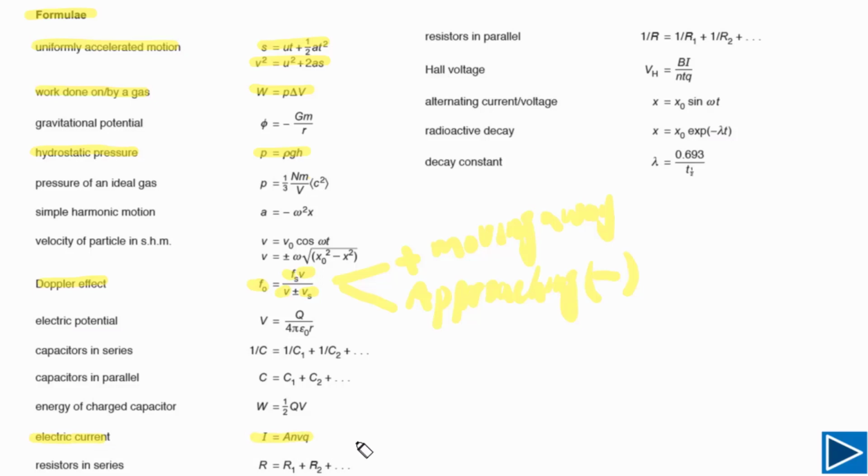I here is equal to A, and A is the cross-sectional area, N is the number density of free electrons, or number of free electrons per unit volume, V is the drift velocity of free electrons, and Q is the charge on a single electron, or simply you can say Q is the charge on single charge carriers.